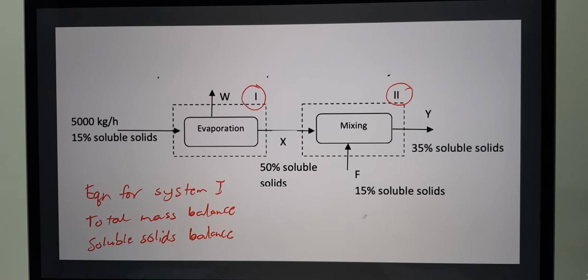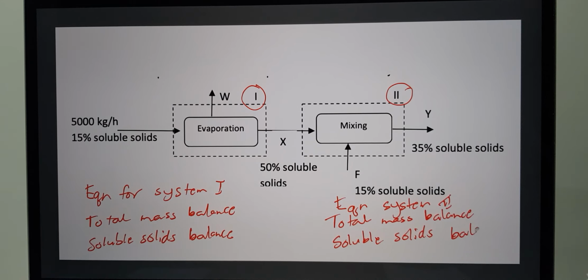And then the equations for system number 2. Again, you will have the total mass balance, because these are two separate systems, and then we have the soluble solids balance. Okay, clear? So this one is the equations for system number 1 and system number 2.